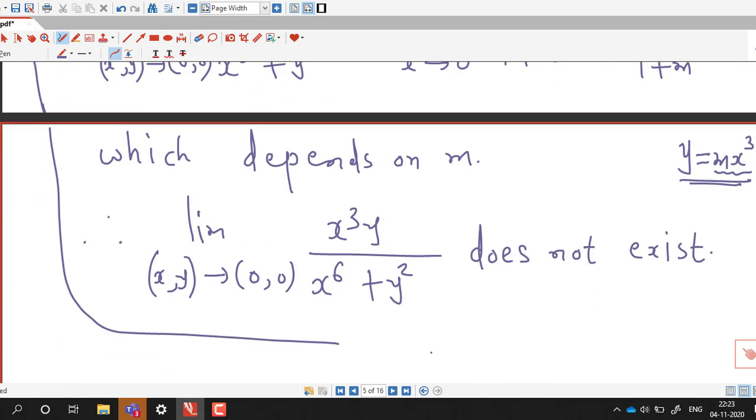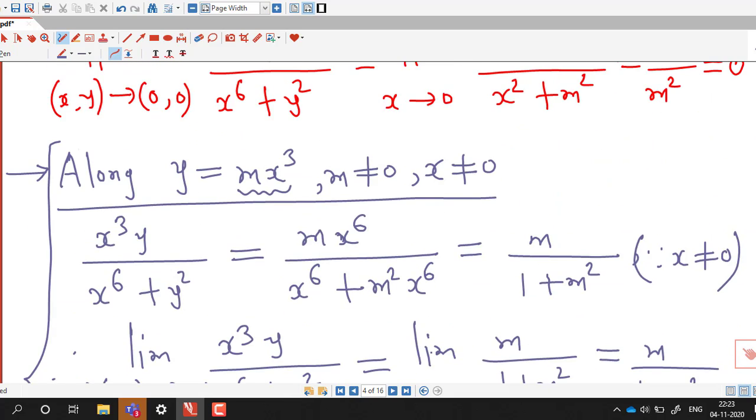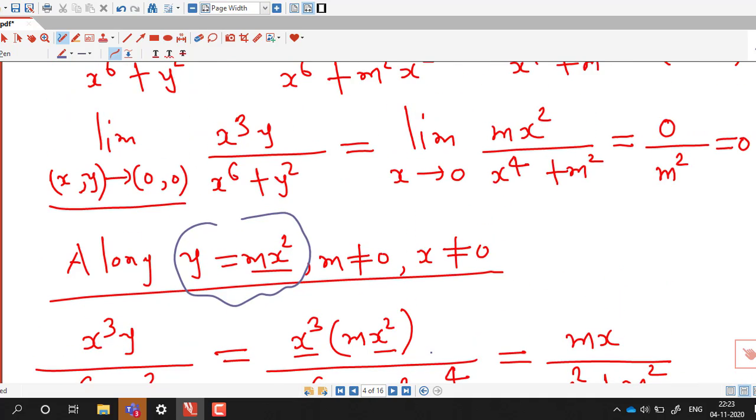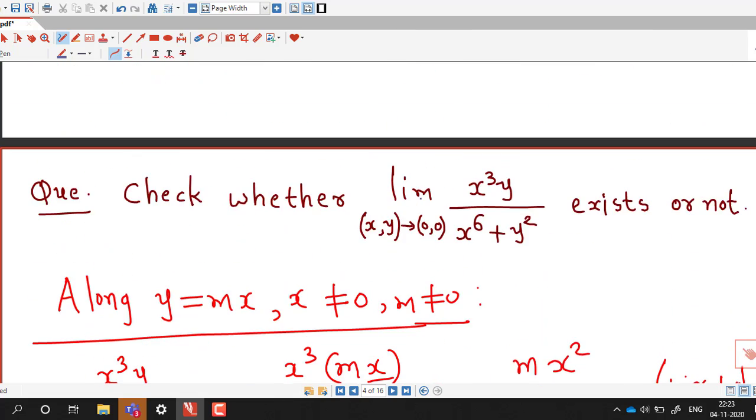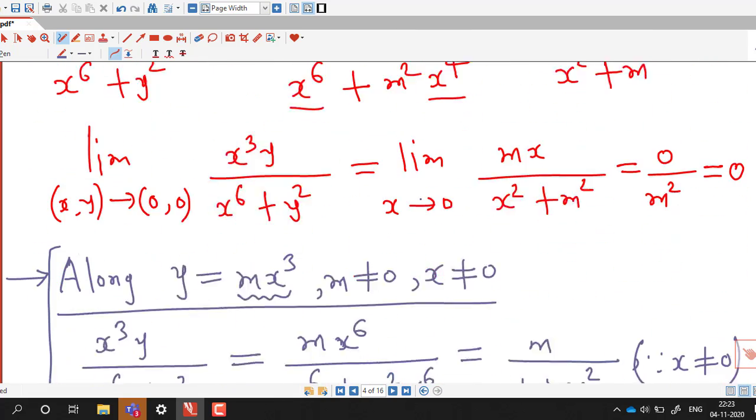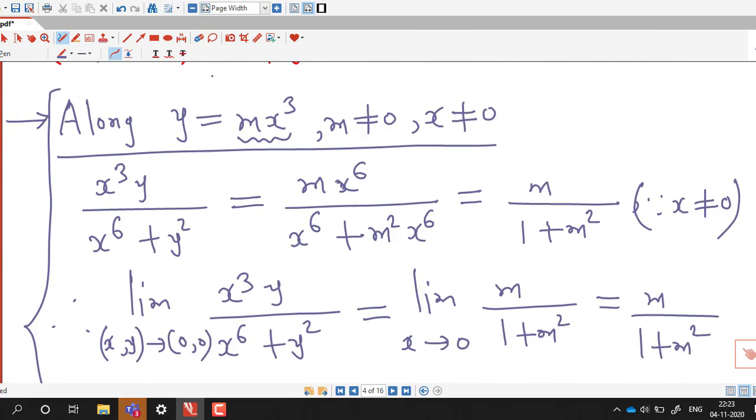We have to prove the existence of limit by definition only. But for non-existence, we can try to find out the different paths like this, so that we obtain different limits along different paths. So here we are successful along this path, along y equal to mx cube.